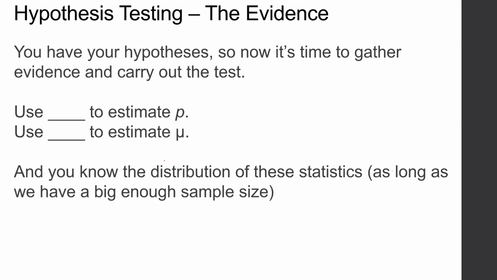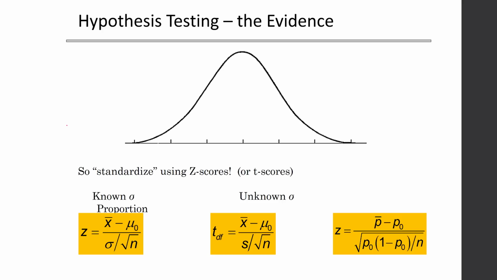Now we need to figure out how we're going to collect our evidence. So we're going to use p hat, the sample proportion, to estimate the population proportion p, and we're going to use the sample mean x bar to estimate the population mean mu. And you know the distribution of these statistics as long as we have a big enough sample size.